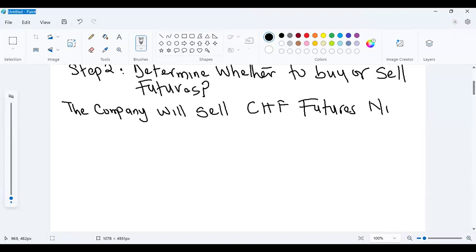Now, that is at the commencement of the hedging, the company will sell CHF futures. It is important to state this fact. We move to step 3.